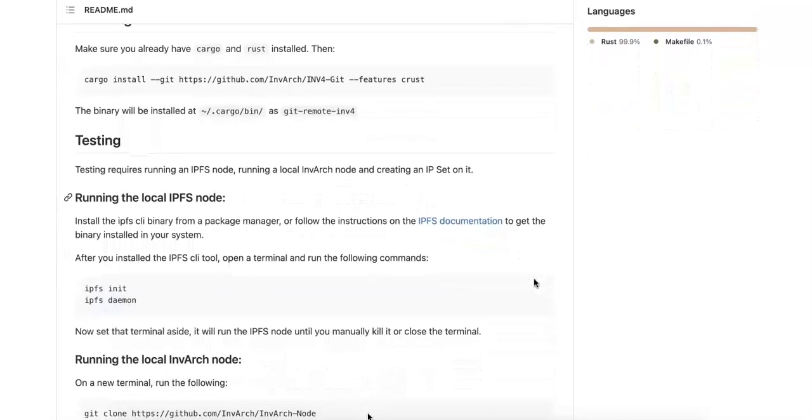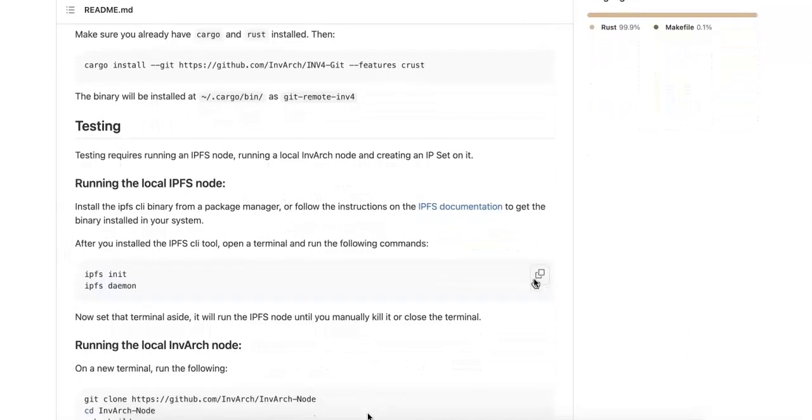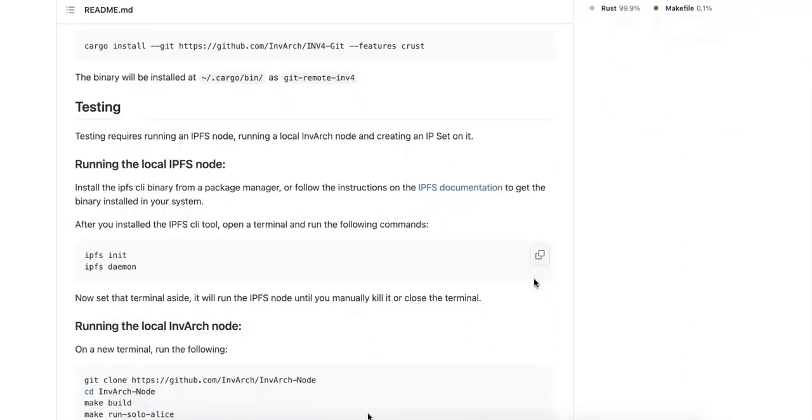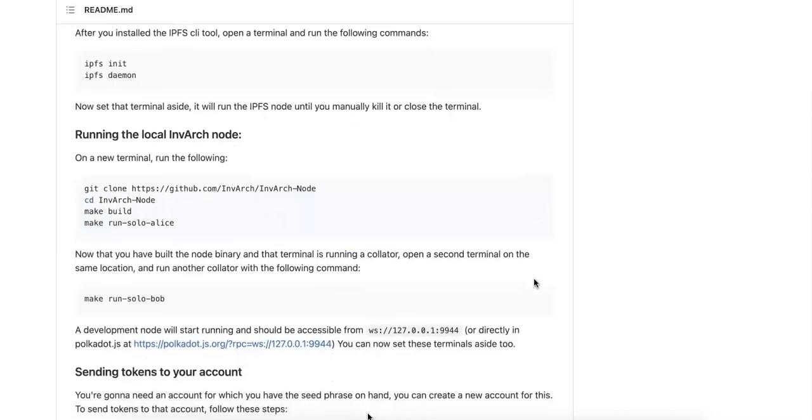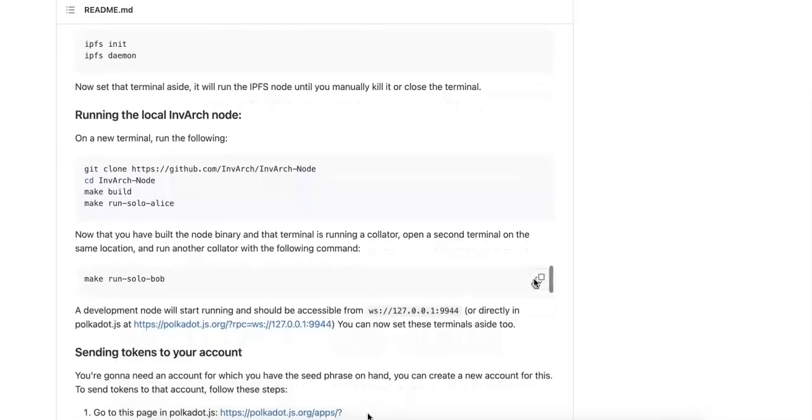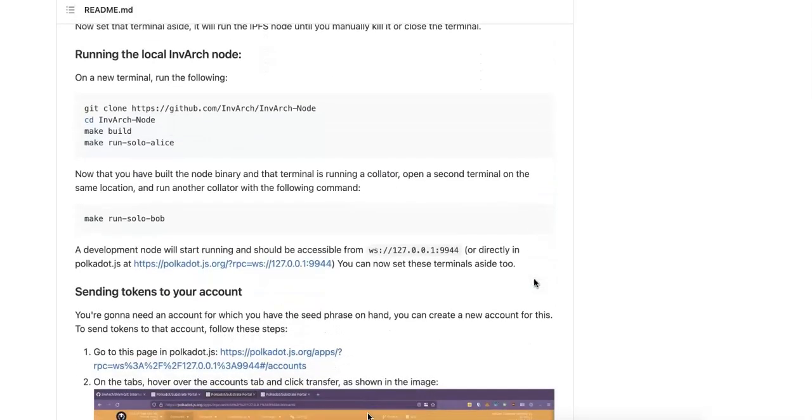A lot of developers, if you are a developer, you probably know Git. That's the tool to manage code and the different versions. And InvArch tries to decentralize that using IPFS.